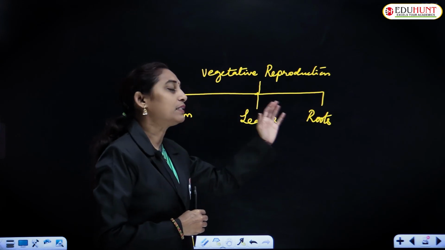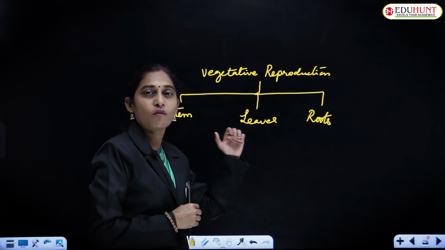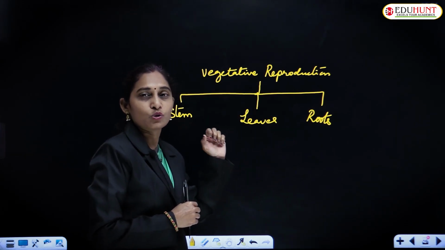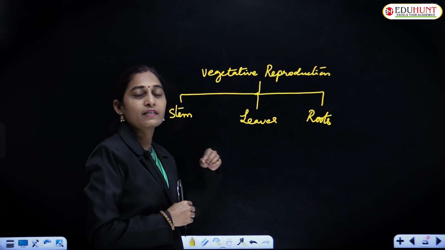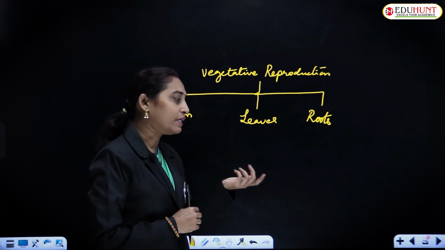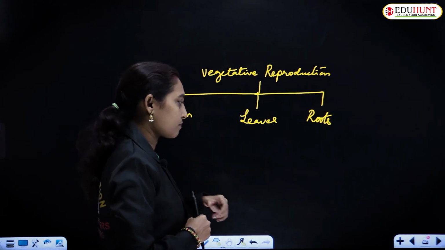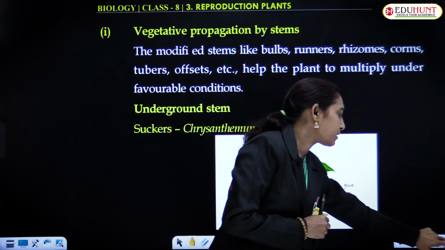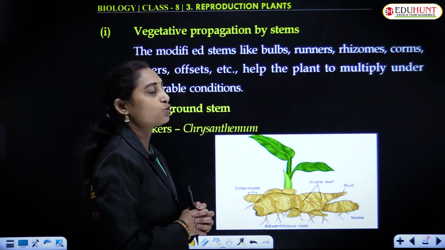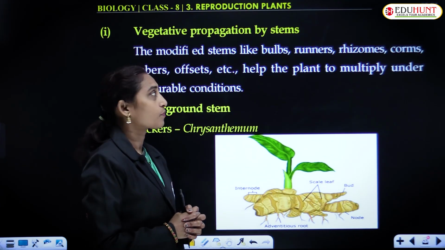These are the three different parts of the plant through which it can give rise to new individuals or new plants. Let's see the first category, that is through stems.